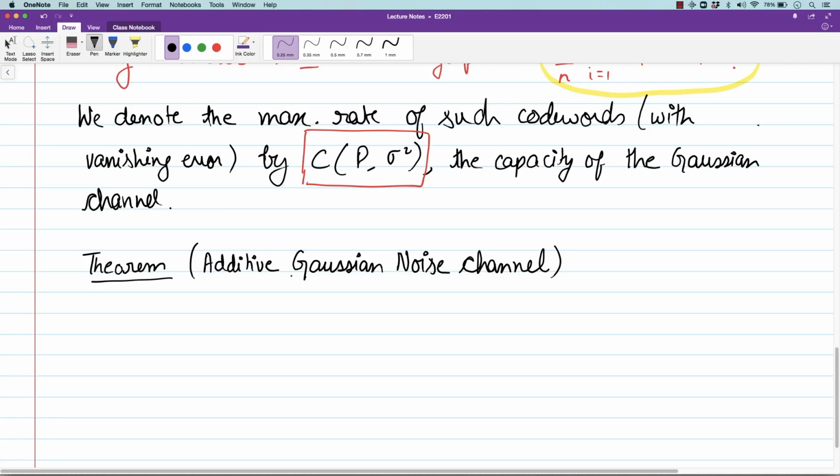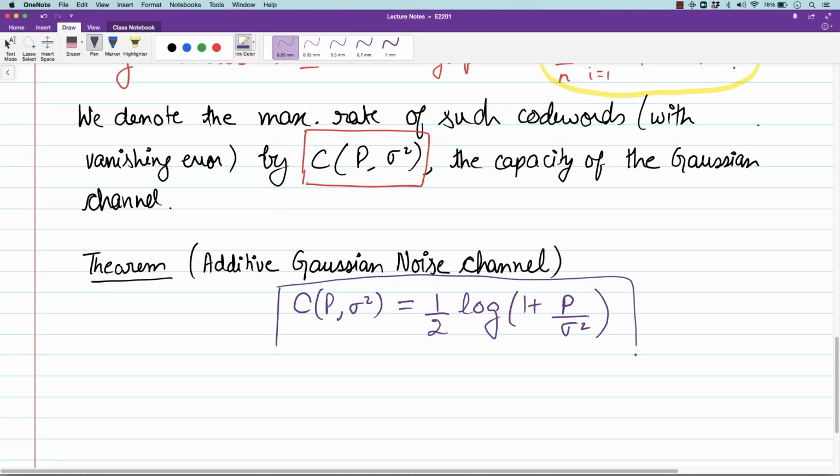It says that C(P, sigma square) is equal to half log 1 plus signal to noise ratio. Signal to noise ratio is the ratio of signal power by noise power. Average signal power is P, and noise power is sigma square. So that's the formula: half log 1 plus SNR.